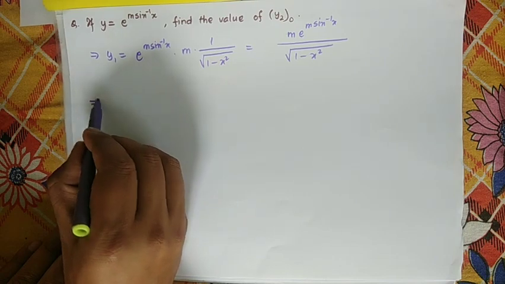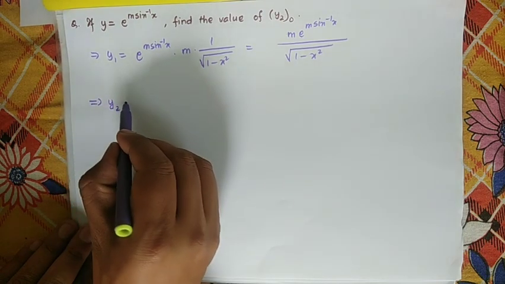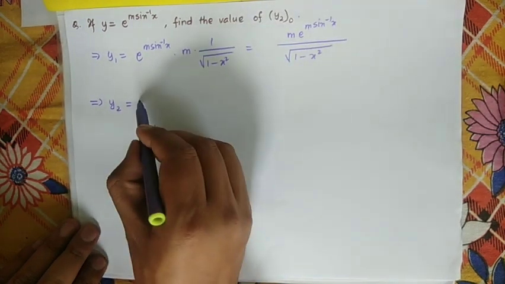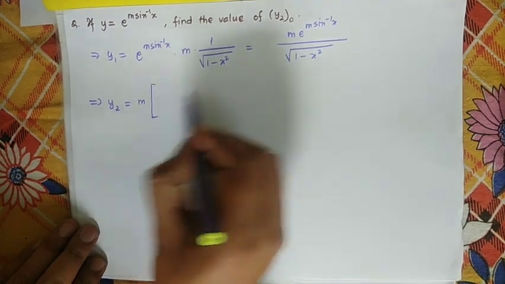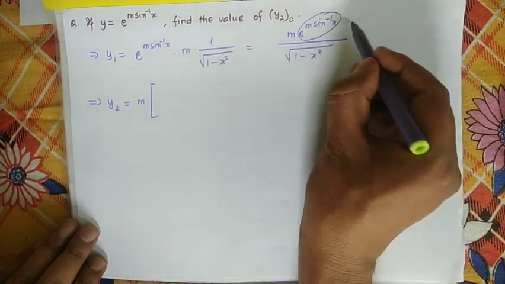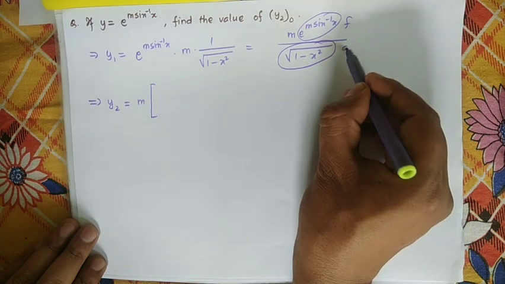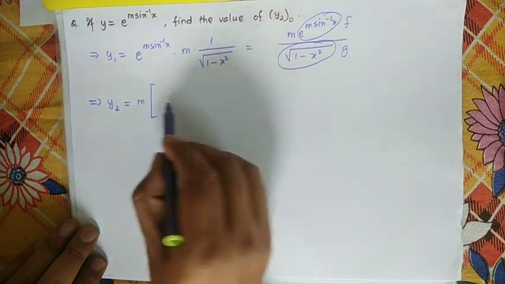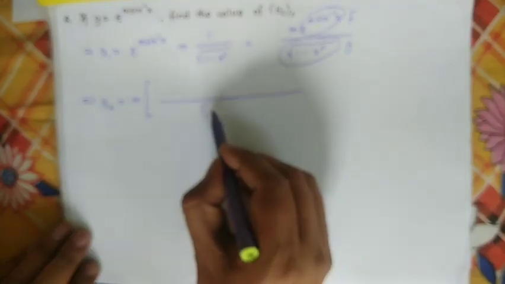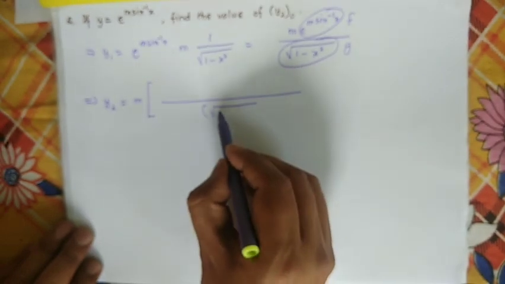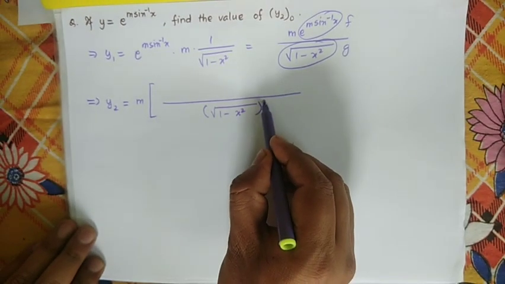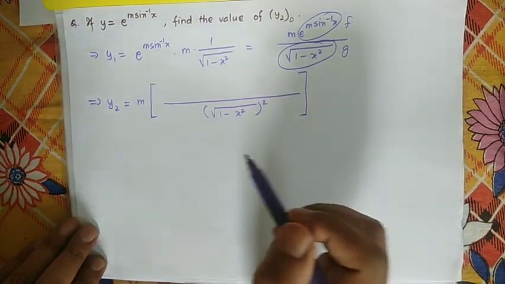So this is my first order derivative, but we are interested in finding second order derivative, so that's why differentiating again, so you'll get y2. So m is constant, so it will be kept outside. So this is my f and this is my g, so it is f by g format. So f by g format gives me denominator square, that is g square, so 1 minus x square whole square. So this is my denominator square.